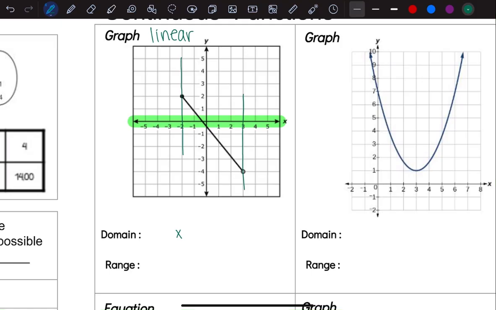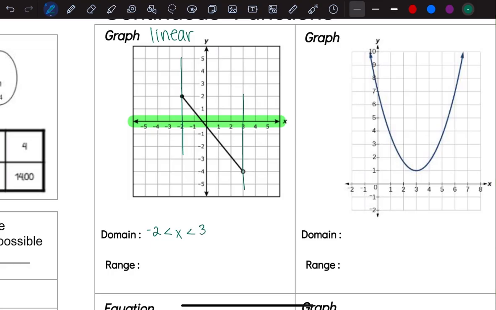If you have 2 dots, this dot and this dot, so you have 2 ends, a starting point and an end point, you're going to write your inequality with both less than symbols. So your symbol should always face that way, less than. And then you're going to put your numbers. So my left number is -2, and my right number is 3.